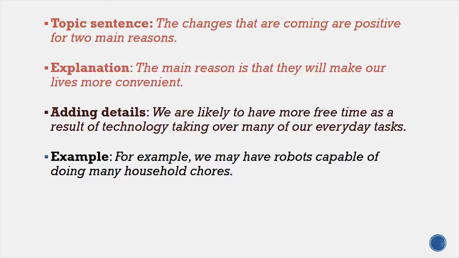Now I add some details to this to make this convenience clearer. We are likely to have more free time as a result of technology taking over many of our everyday tasks. This is followed with an illustrative example. For example, we may have robots capable of doing many household chores.